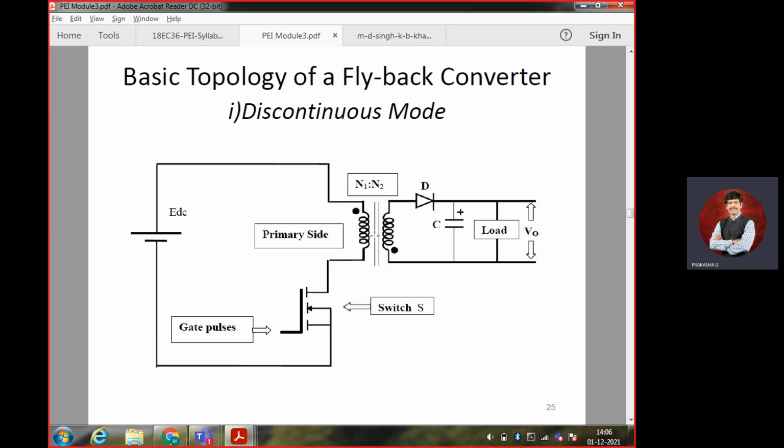What is the equation? V1 by V2 is equal to N1 by N2. So it varies, depends.